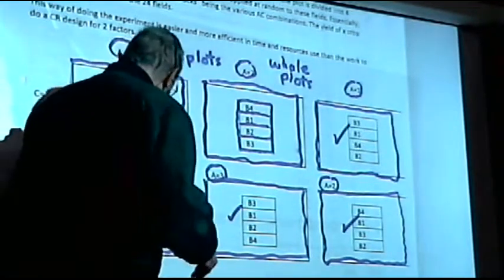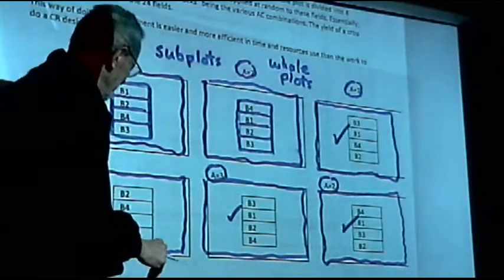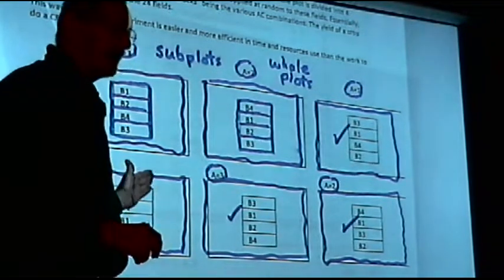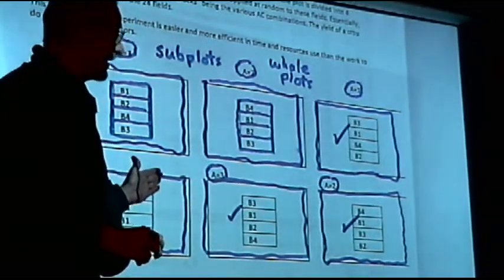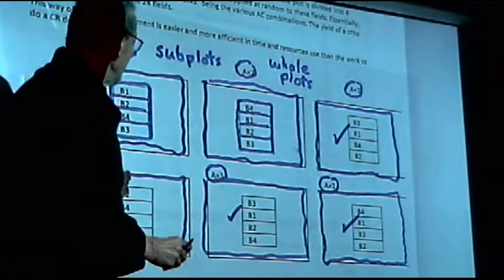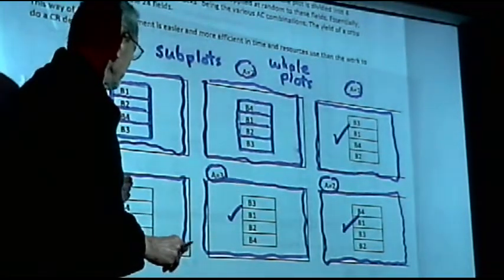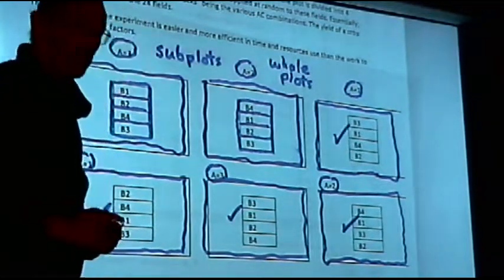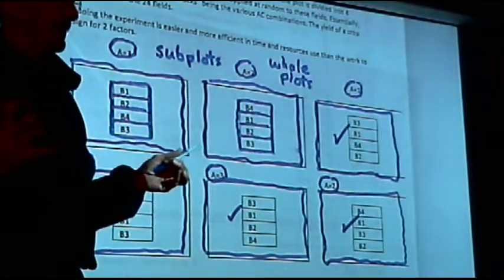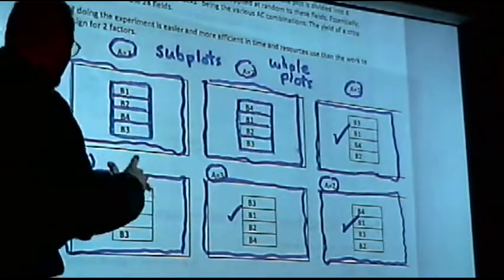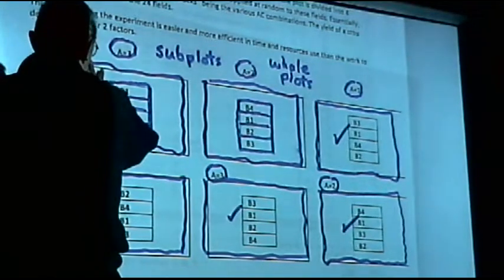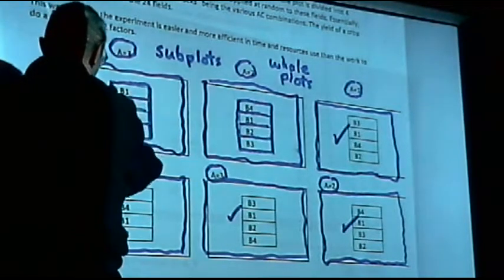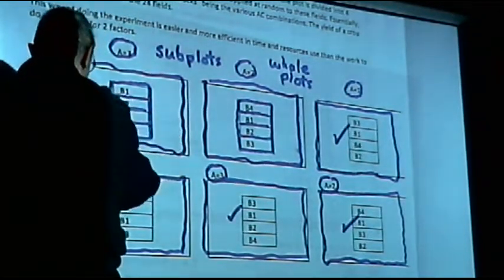Now, if you look at this in the agricultural situation, you can see how this is practical and efficient. If the farmer has to spread a type of fertilizer on the land, he's got to hook up his machinery behind the tractor, and he's got to cover all this with the setting that he has.